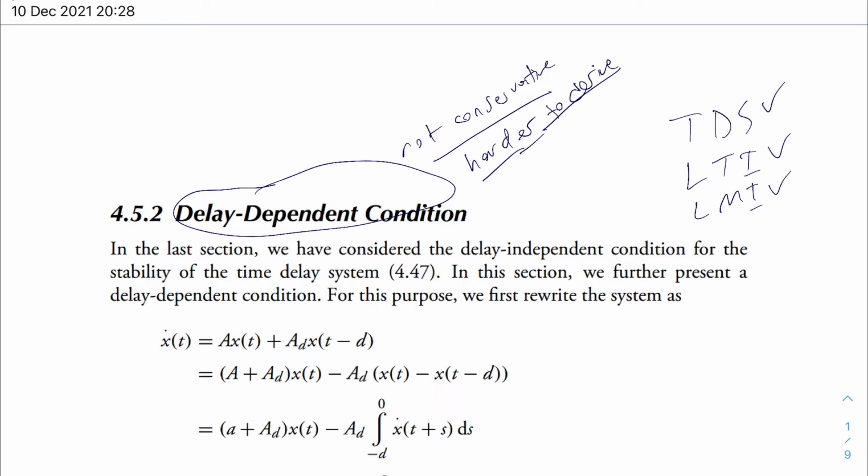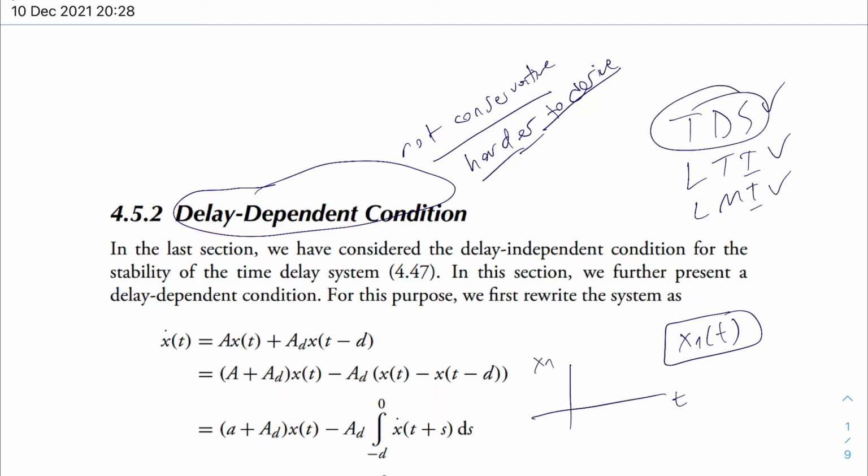because why? For example, let's consider a system with only one state, right? And usually you would have a state. However, for those time delay systems, the definition of state is kind of bundled in, let's call it t and t minus τ, right?